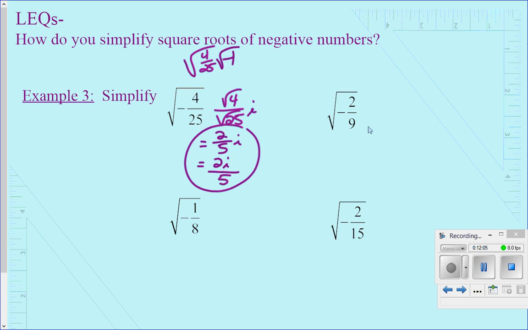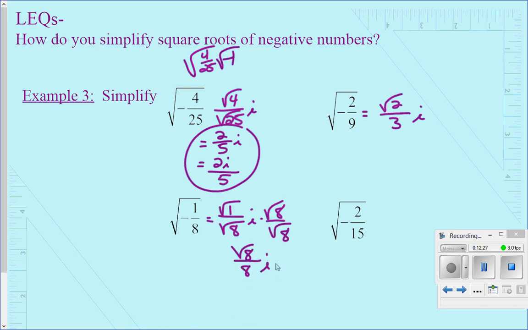So this one, root 2 over 3i. Next, root 1 over root 8i, which I can multiply by root 8 over root 8, which is root 8 over 8i, which is 2 root 2 over 8i.